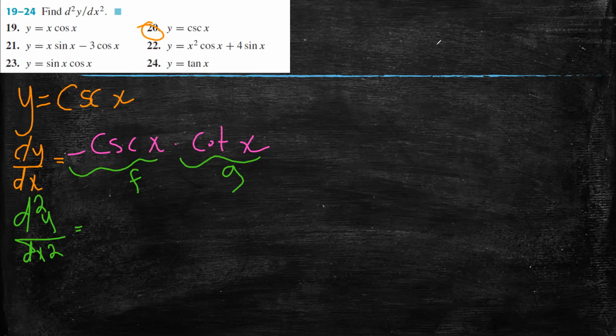Let's do it here now. So I say now f is negative cosecant x. F prime is negative, what is the derivative of cosecant? Negative cosecant times cotangent. So negative cosecant x times cotangent x.